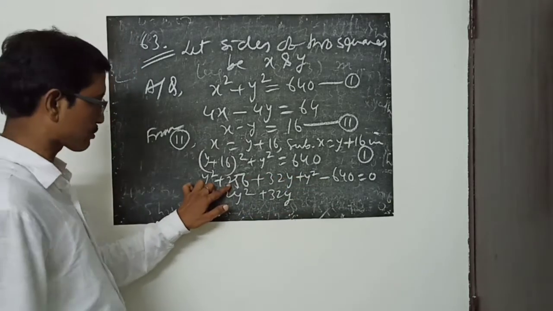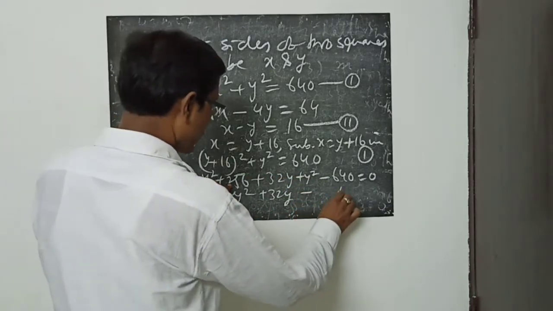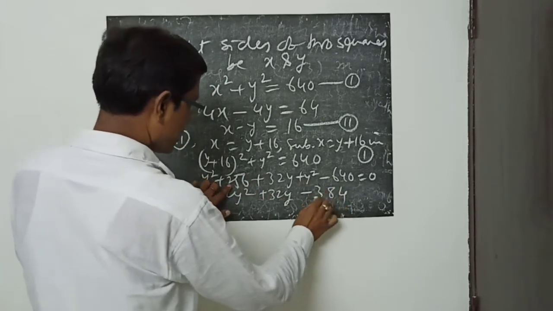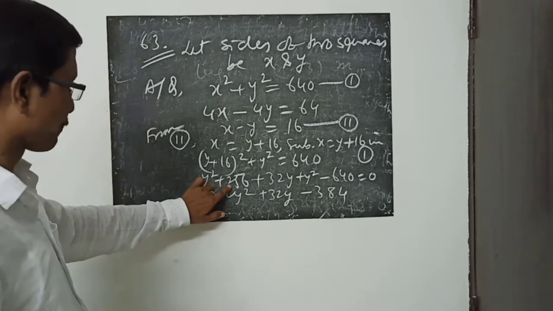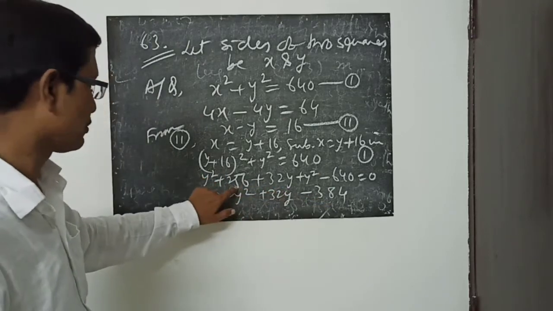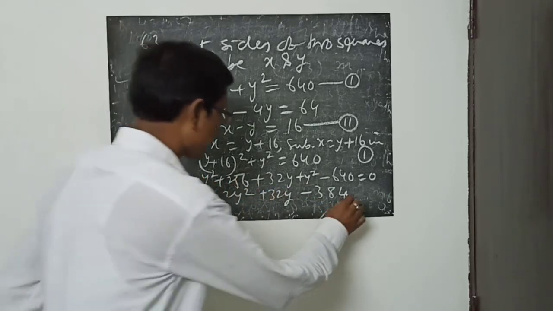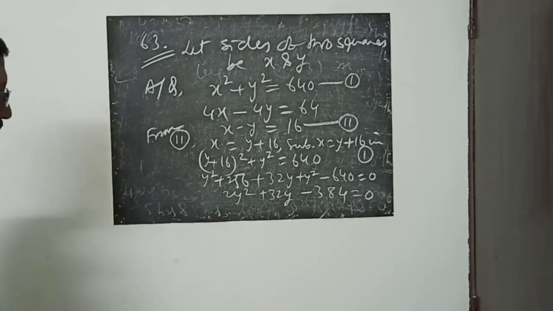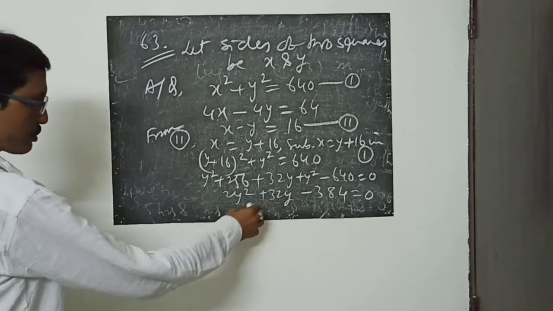If you subtract, the minus will be larger, that is 384. I think that is right. Now each and every term will be cancelled by 2.